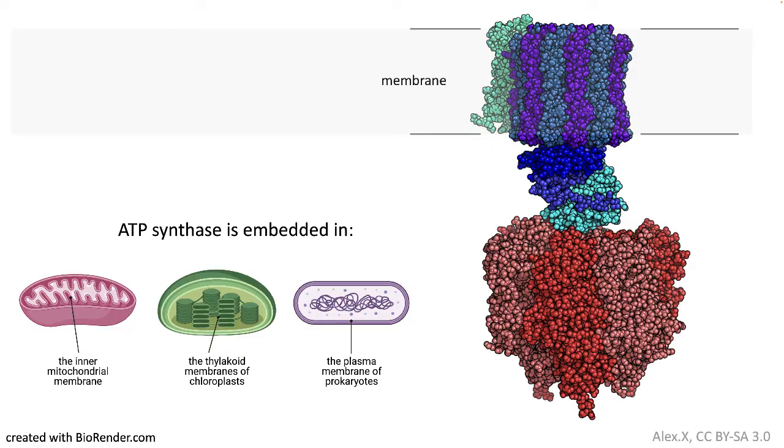We sometimes refer to ATP synthase as a molecular motor because the whole complex is actually turning as this reaction takes place. We can find ATP synthase embedded in various membranes, the inner membrane of the mitochondrion most famously, but also the thylakoid membranes of chloroplasts and the plasma membrane of prokaryotes such as bacteria.